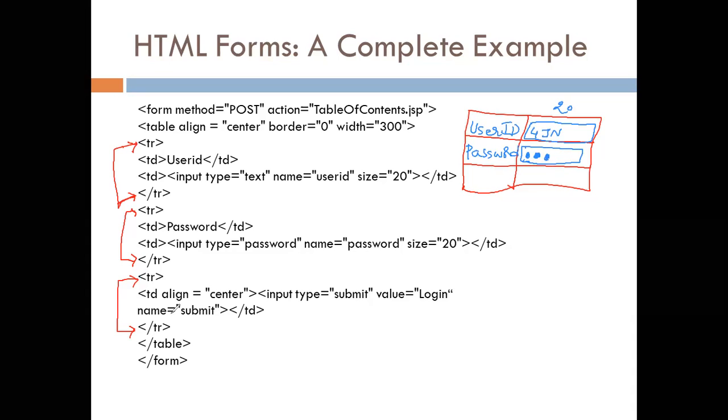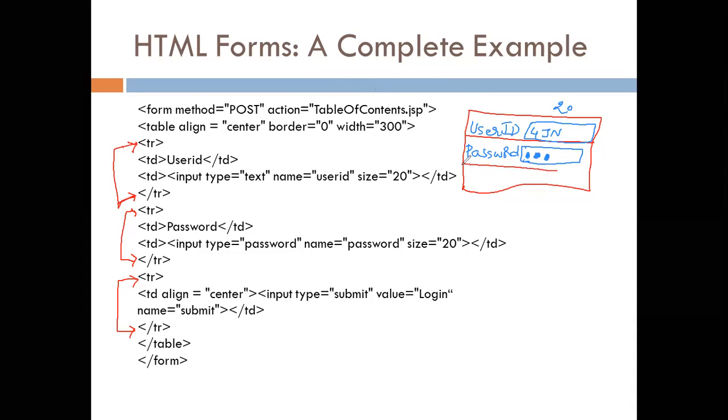Then in the third row, if you observe, only one element is there, that is the submit button. So in this case, there is no second column.